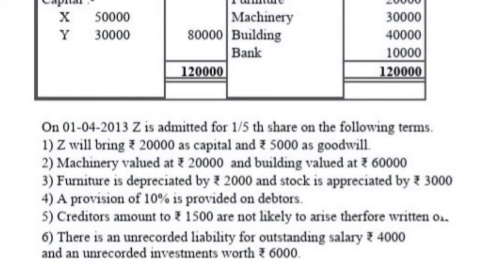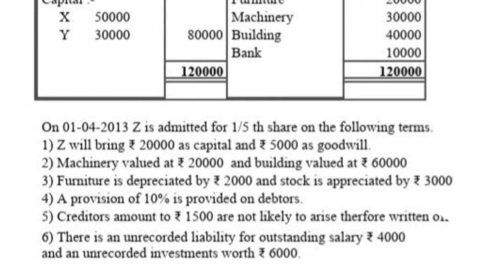The last term, an unrecorded investment worth rupees 6,000. An asset, an investment, is not recorded in the books, so we need to record it in the books of account. When the asset is recorded, the asset will increase. When asset is increasing, we get profit.